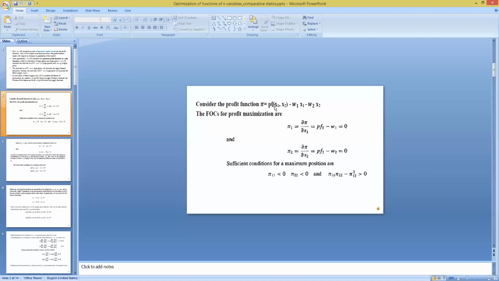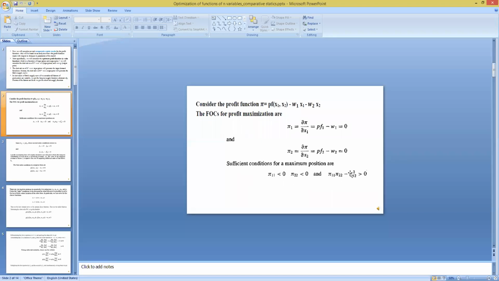So in the profit function, we are considering P, which is multiplied by the quantity, F, which is a function of X1, X2, and then we are subtracting the cost function, which is W1 X1 plus W2 X2. And then we are considering the usual first order conditions, del pi by del X1. Naturally, it is becoming P f1 minus W1 is equal to 0, and pi 2, which is del pi by del X2, that is P f2 minus W2 is equal to 0.